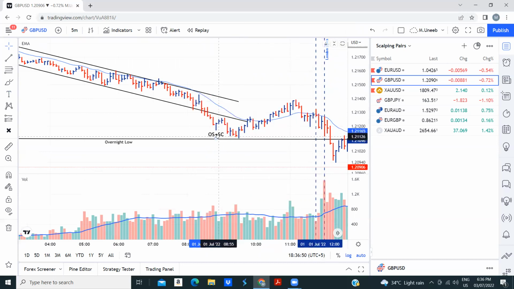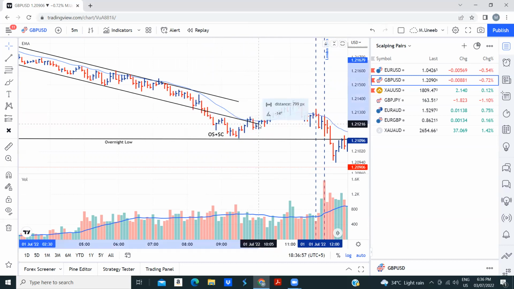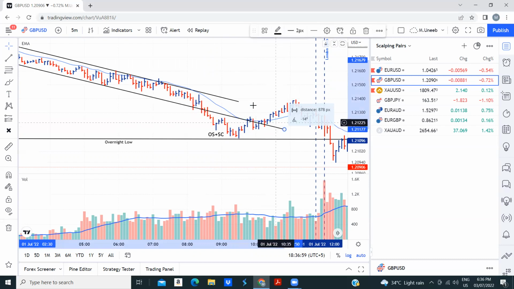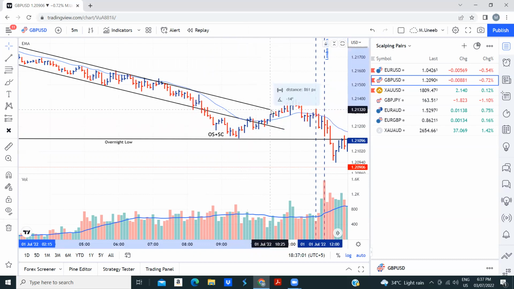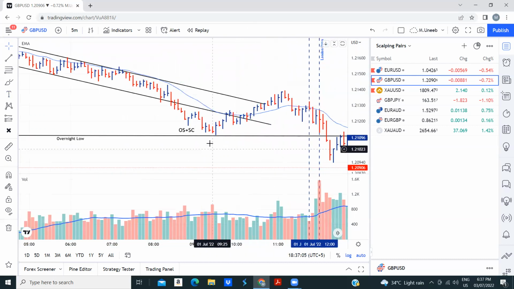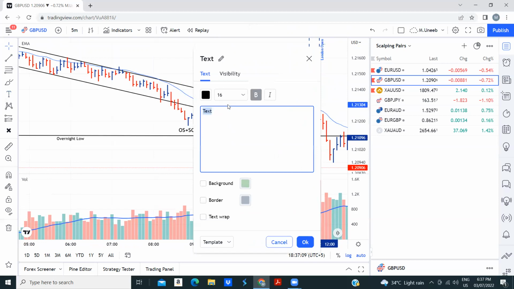This oversold was completed when? It was completed when it closed inside the trading range. We extend it. Okay. So it closed inside the trading range. So this is AR.